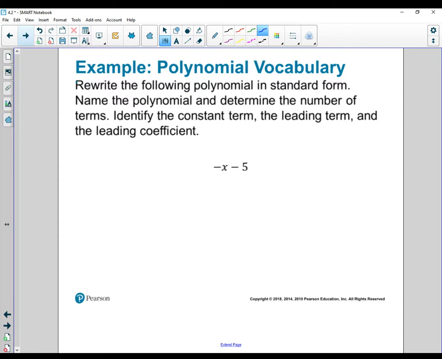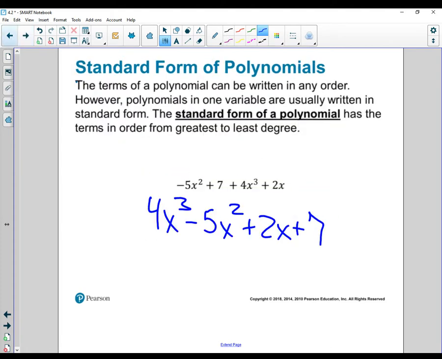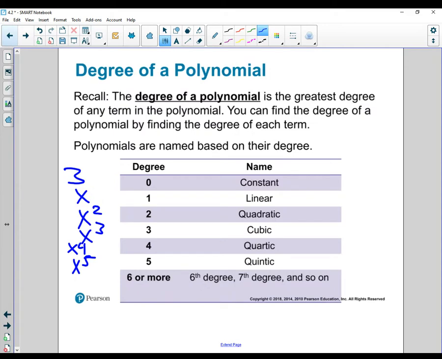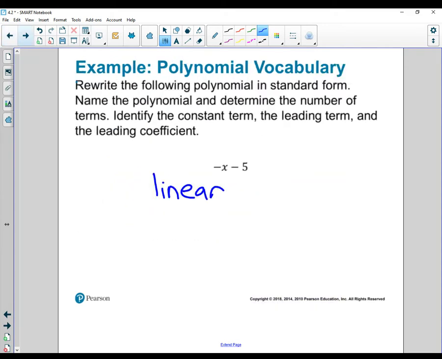So all of these, we just want to write them in standard form and identify everything. That is already in standard form. So name the polynomial. The highest degree is 1, so it's linear.